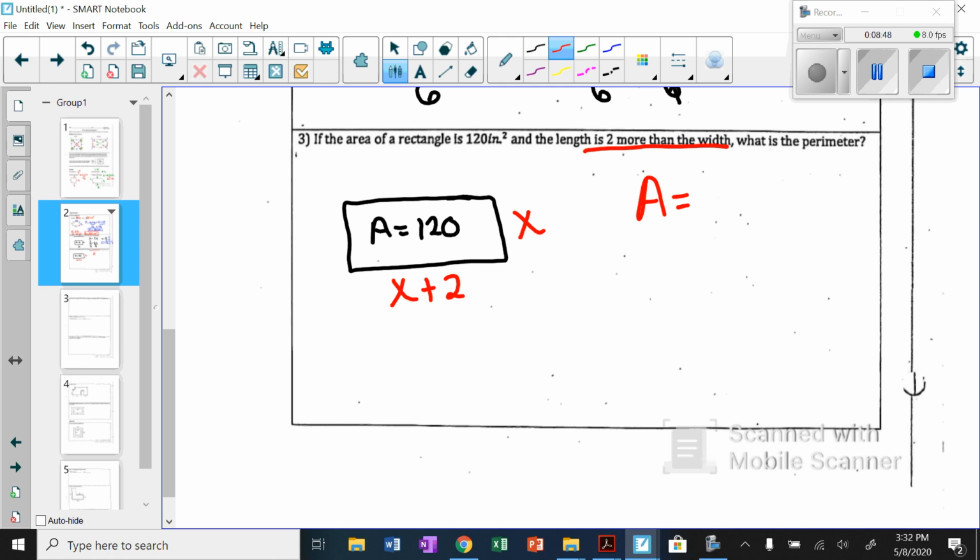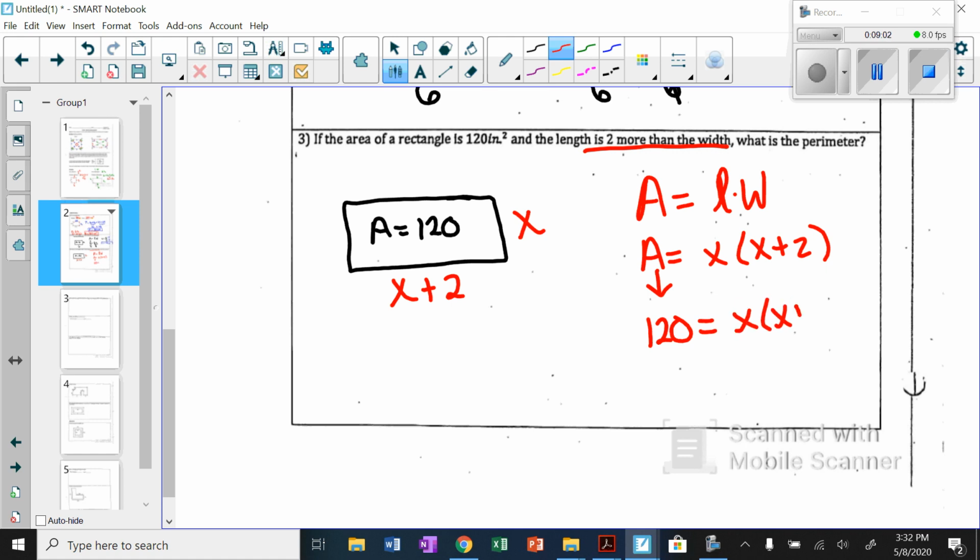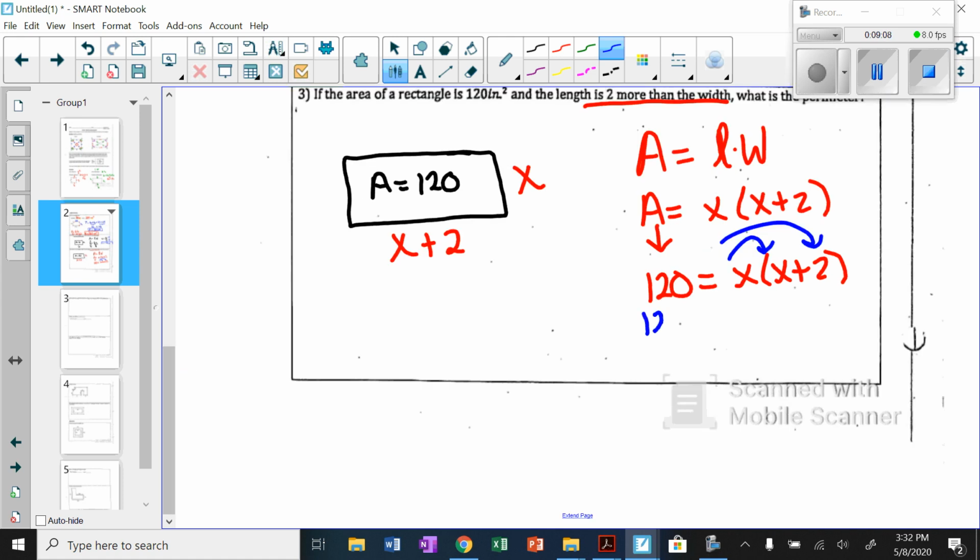Now, area is equal to length times width. So the area is going to equal x times x plus 2. Well, we know our area is 120, so 120 is equal to x times x plus 2. I'm going to distribute this x in, and I'm going to say 120 is equal to x squared plus 2x.